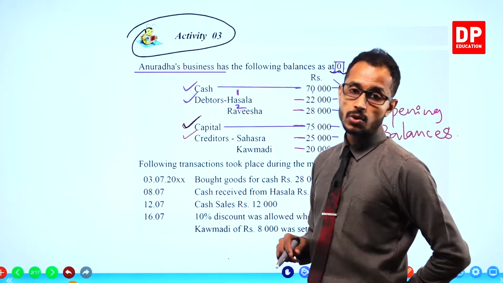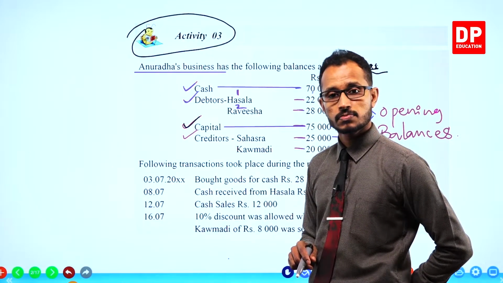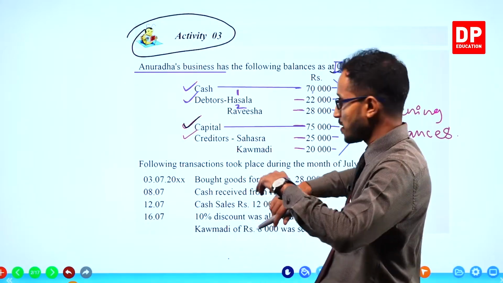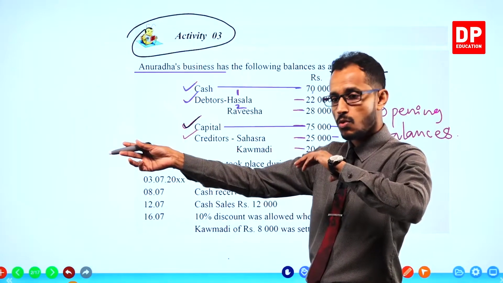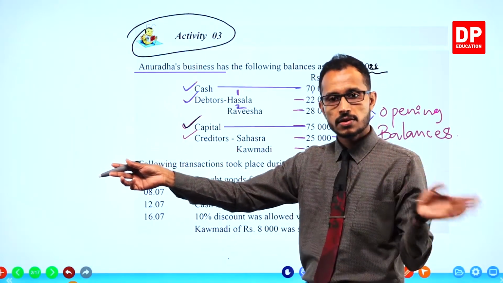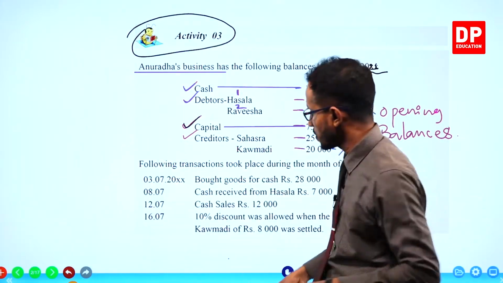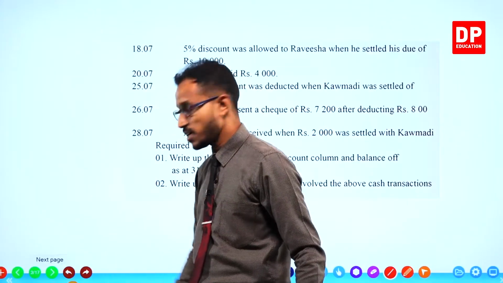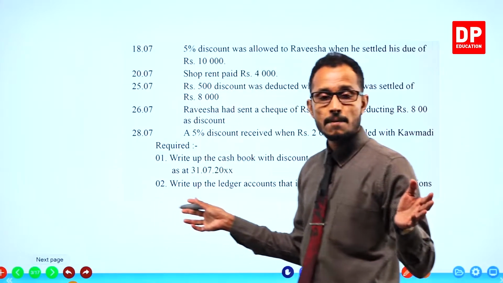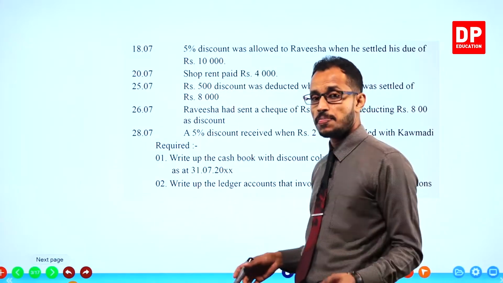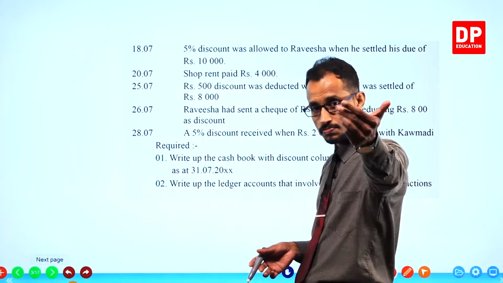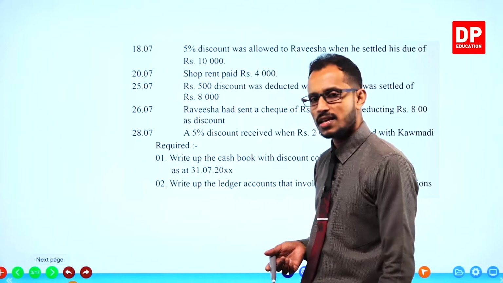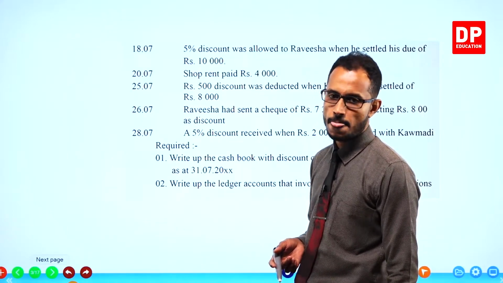Which side do you record this opening balance of 75,000 in the capital account? Debit or credit? Those who learned how balances are recorded in the previous session, in our previous video, you can tell me. Capital always has a credit balance.